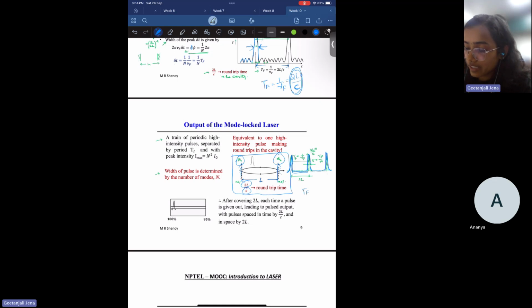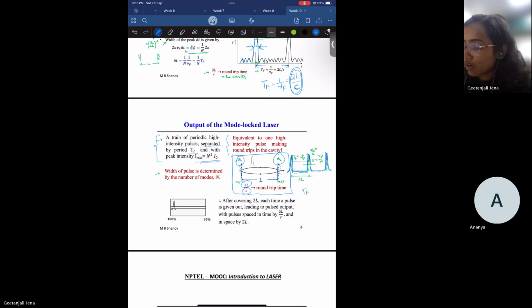When you have a phase lock system, you will see a train of periodic high intensity pulses which are separated by a period Tf, and the peak intensity is given by N square times I0. This is equivalent to one high intensity pulse making a round trip in the cavity.